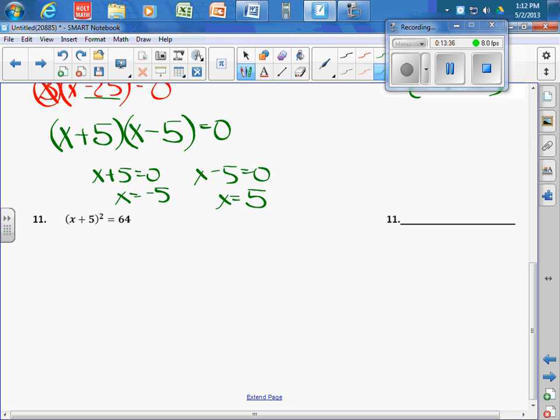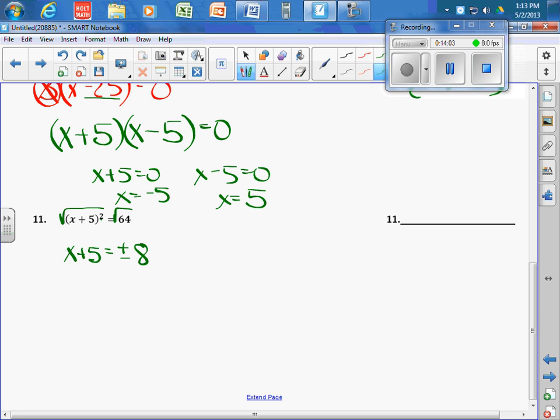Because in order to cancel out the squared here, all you have to do is take the square root of it. Well, if you take the square root of one side, you have to take the square root of the other side. The square root and the square cancel each other out, you're left with x plus 5. The square root of 64 is, remember, we need plus and minus here, plus or minus 8.